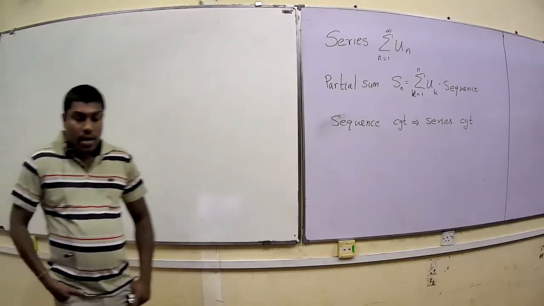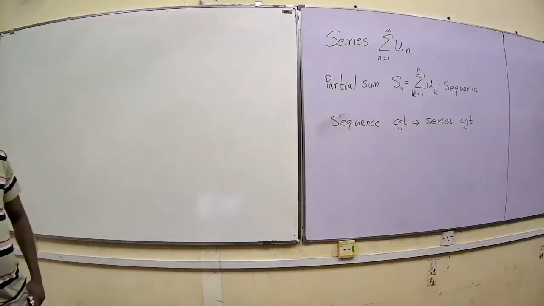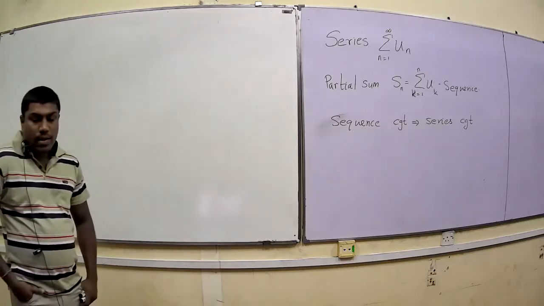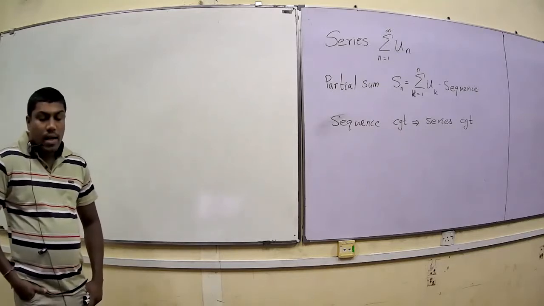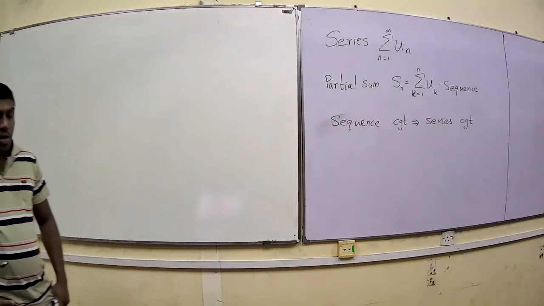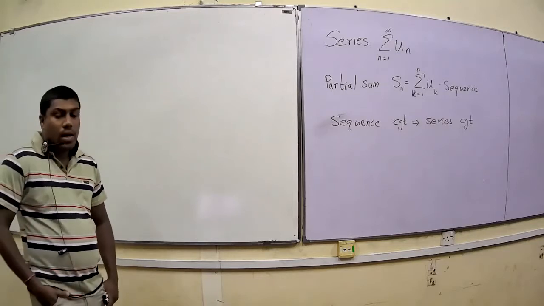Especially the Cauchy criterion is an important criterion for the convergence of a sequence. So if the sequence is Cauchy, then we say that it converges.